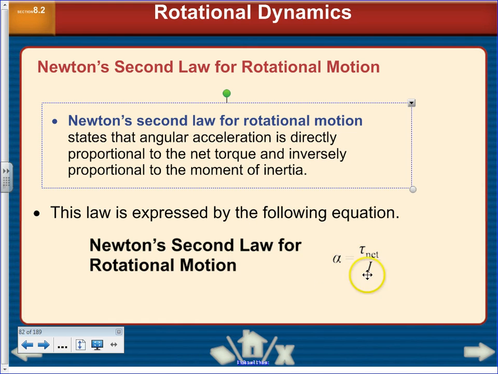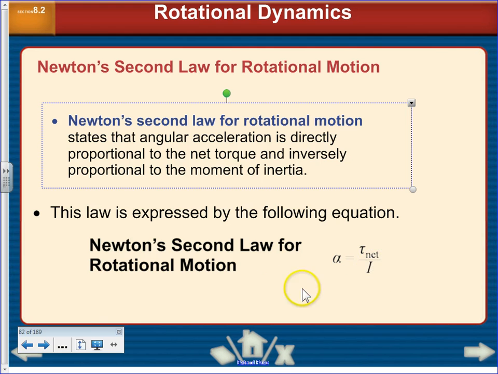The angular acceleration, how fast we can spin something, is going to be directly proportional to the torque. If I increase the torque, I can spin it faster. The harder I spin it, the faster it goes. That makes sense. That's the torque. Now, the other thing is the moment of inertia. As the mass moves away from the rotational axis, in other words, the further away it gets from the axis of rotation, the more we increase the moment of inertia.